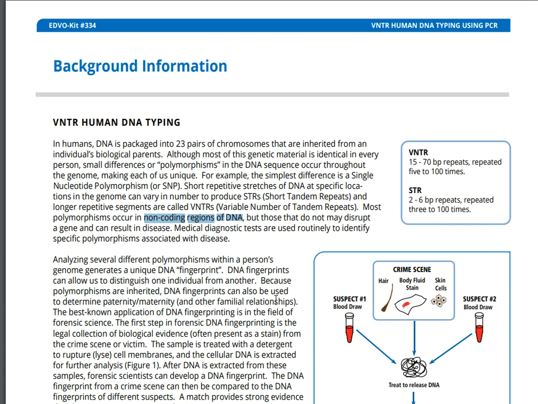However, sometimes they do happen in the coding region of DNA. This is just a polymorphism. It randomly shows up, because we're going to find out that the non-coding region is actually the majority of the DNA. That's where most of it is, and just a really tiny percentage of DNA is what we would call coding for something.